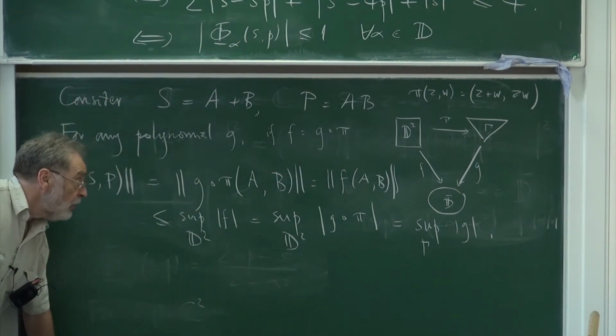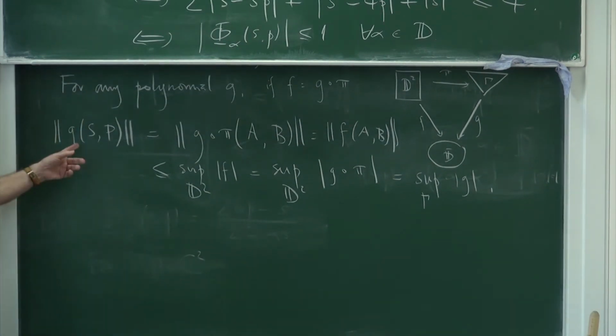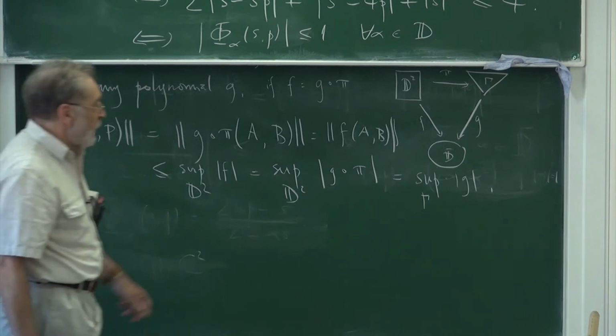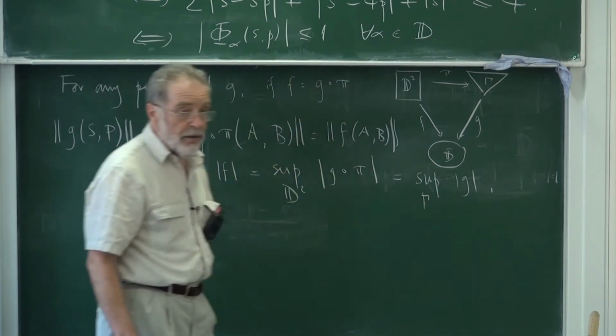So for any polynomial G in two variables, if you form the operator G of S comma P, then its norm is at most the sup of mod G on gamma.